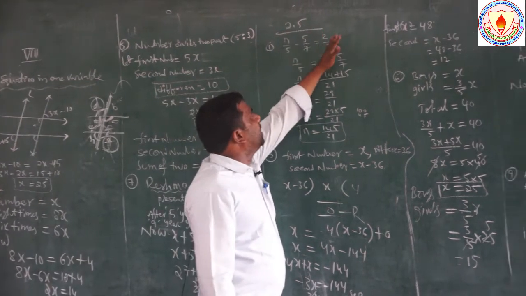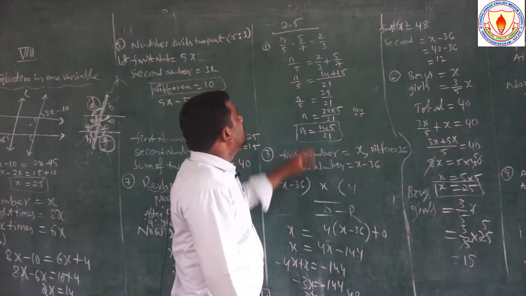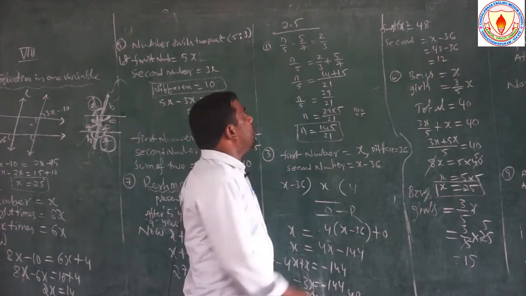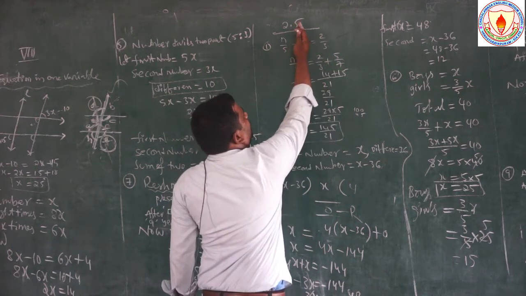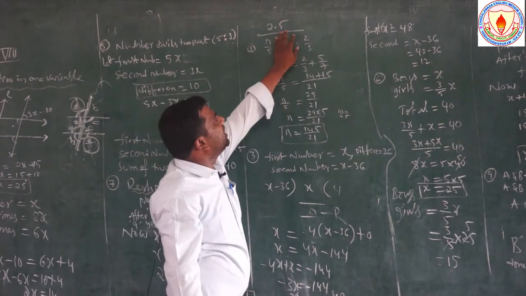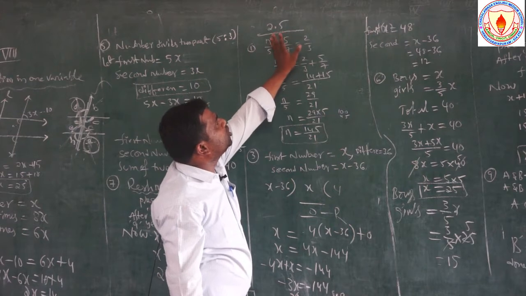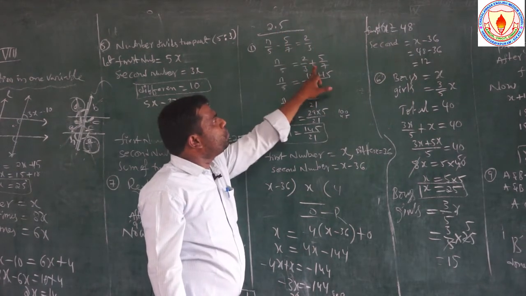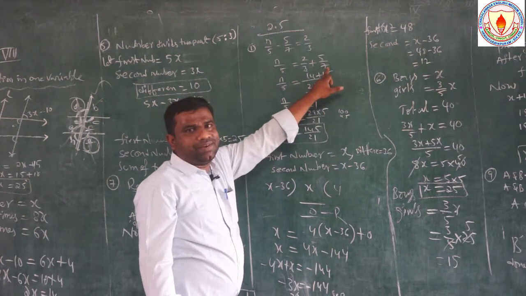Next, coming to exercise 2.5. Two fractions are there, left hand 2 and right hand 1. We want the n value. So minus 5 by 7 transposes to the right hand side, so it becomes plus 5 by 7.